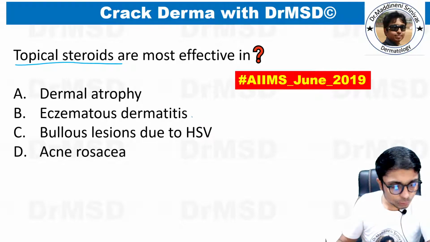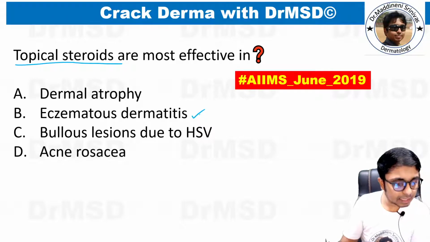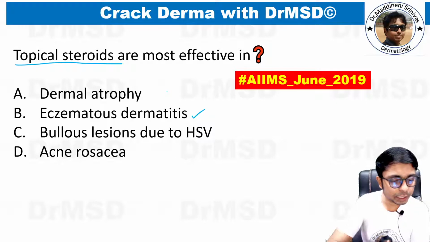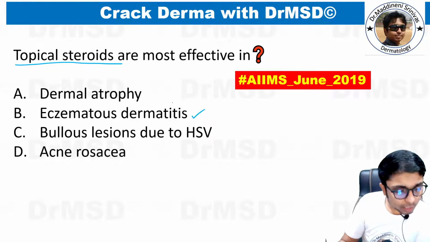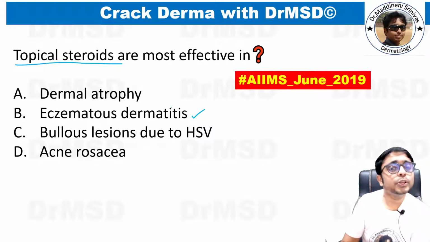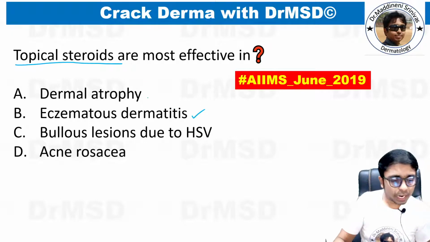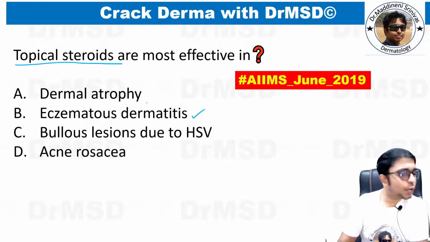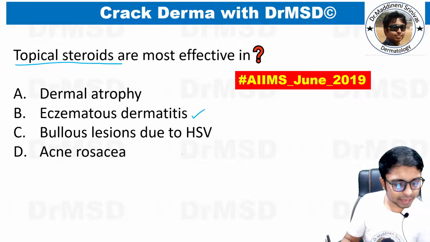So one student says it is eczema, dermatitis, and yes, Sumay and others who are watching this session. Right, Anantmon, your answer is absolutely right. So let us first try to rule out the options, so it will become very easy. These steroids are very notorious.